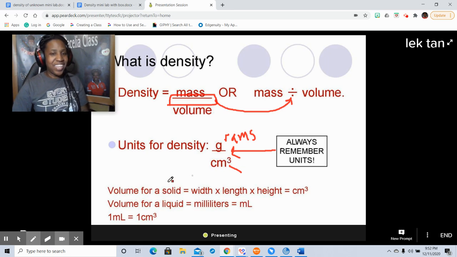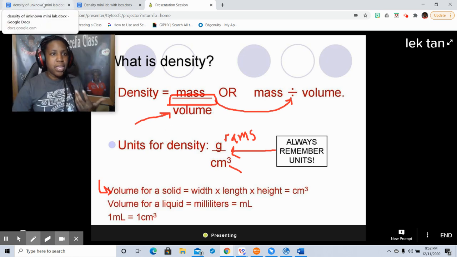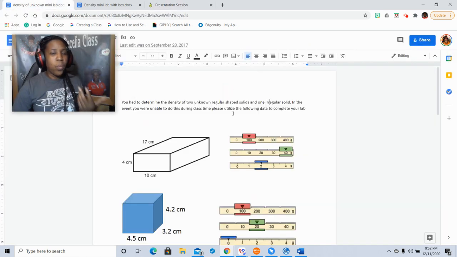All right, so very good here. So when we're trying to get the volume, because we talked about volume here in the formula, we need to use the formula width times length times height. So what am I saying? You might say, teacher, what are you talking about here? So when we talk about a regular solid, this would be considered a regular solid.